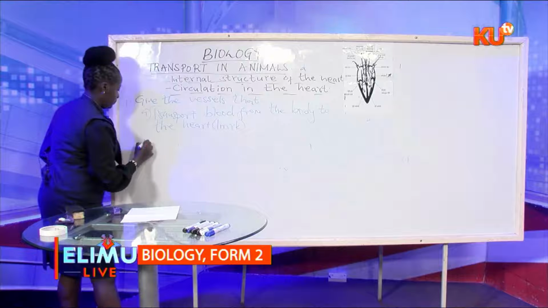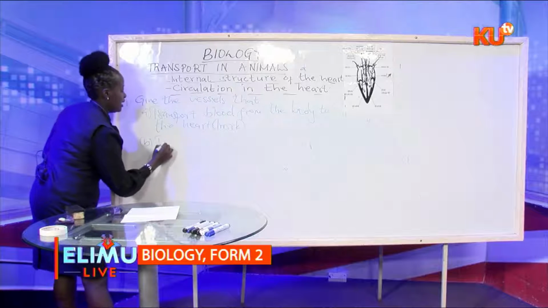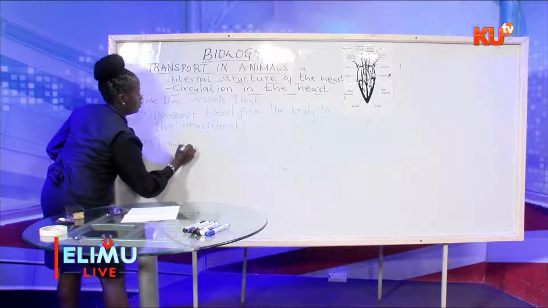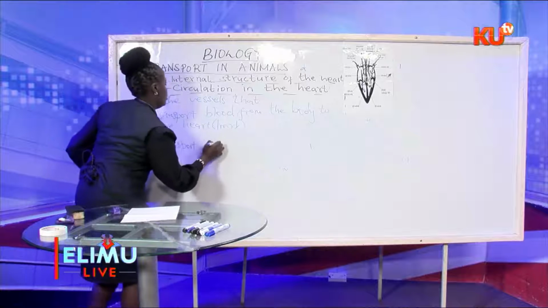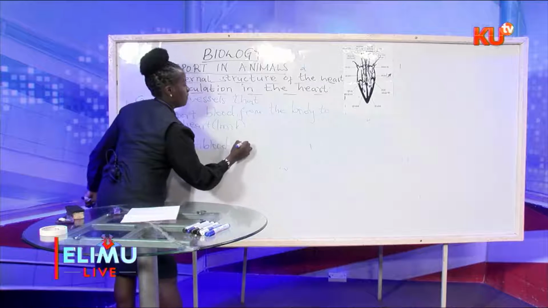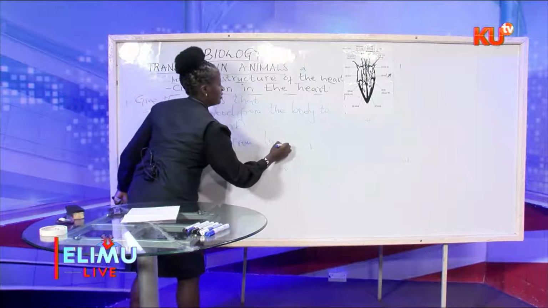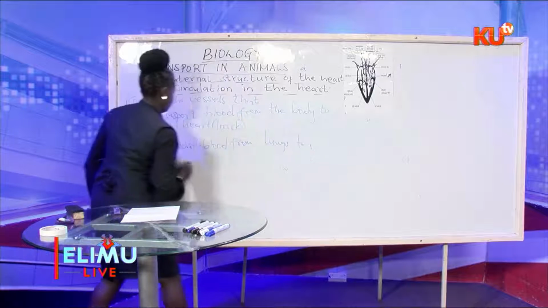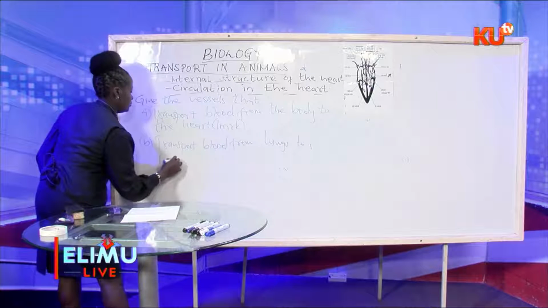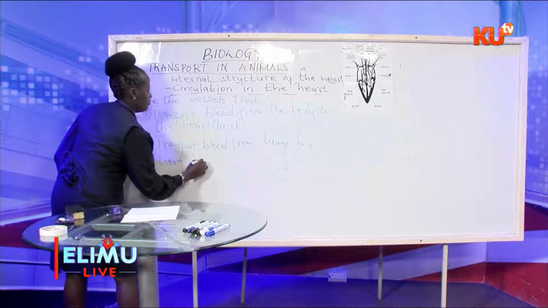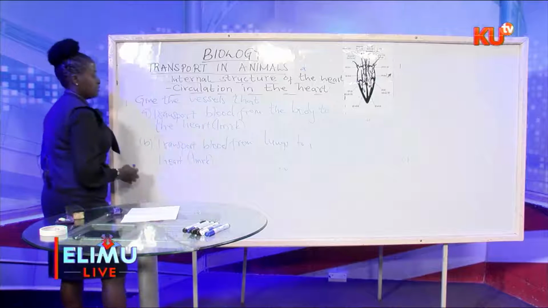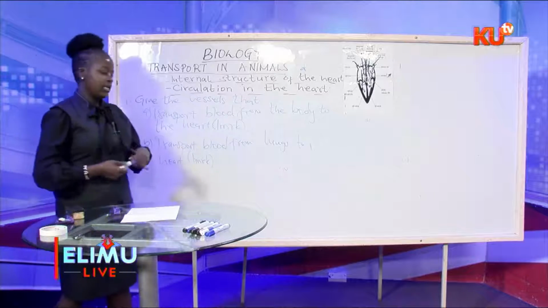B, transport blood from the lungs to the heart. This is another 1 mark. So you can find such a question in paper 1.